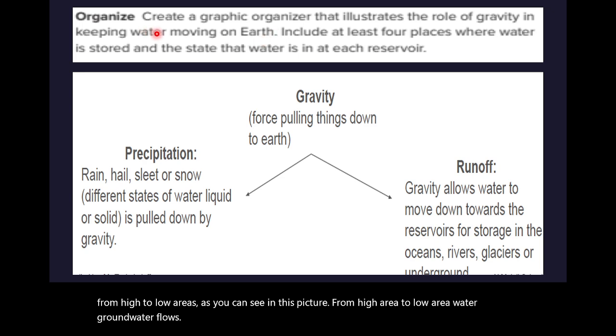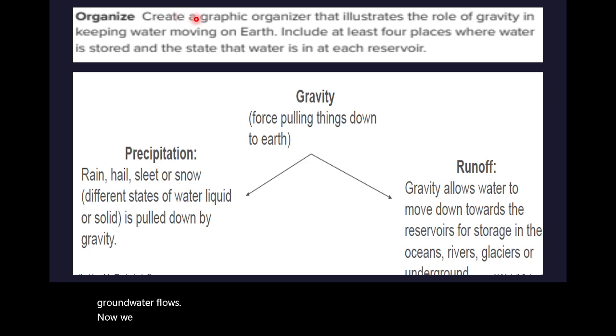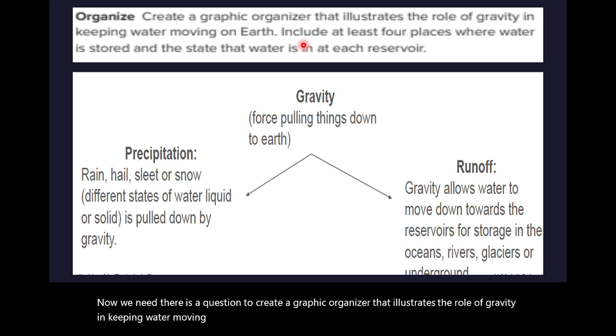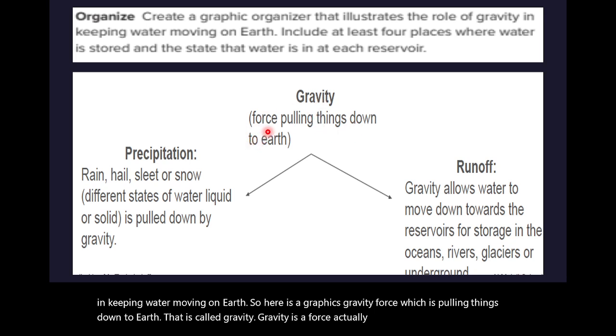Now, there is a question to create a graphic organizer that illustrates the role of gravity in keeping water moving on Earth. So here is a graphic. Gravity is a force which is pulling things down to Earth. Gravity is a force actually, which is pulling everything down on the Earth.